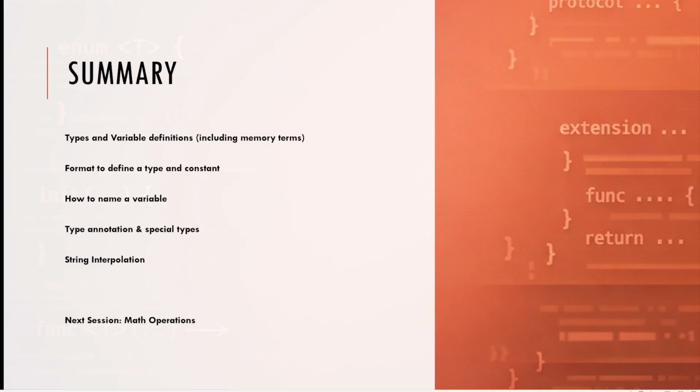We did talk about type annotation and special types. Those special types are those ones where the compiler doesn't actually figure out what you're using. Those 4 basic types are int, string, double, and bool or boolean. All the other types, the UInts or the Int32s or the floats or the characters, are special types.